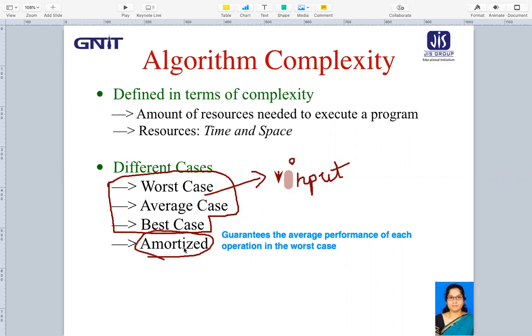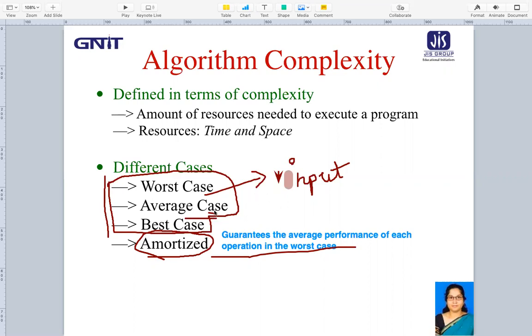Amortized running time, or amortized case, is more concerned about the operations which are done in the worst case. So in literature, and in the subsequent classes, we will be talking about these three cases mainly: worst case, average case, and best case.